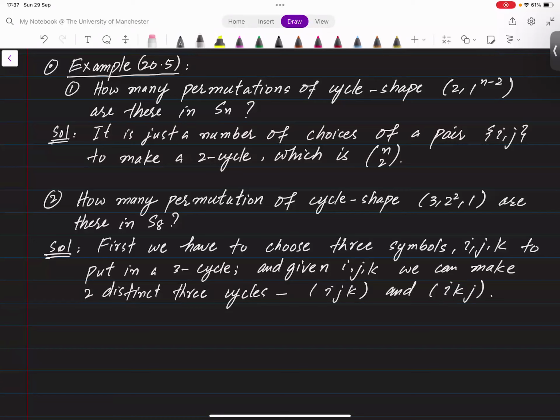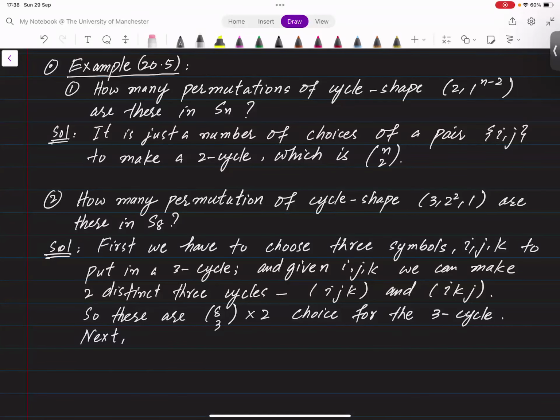There are 8 choose 3 multiply 2 choices for a 3 cycle.